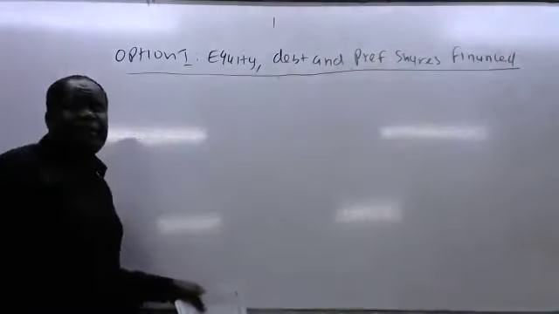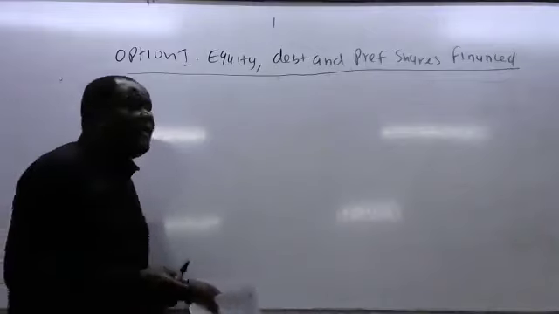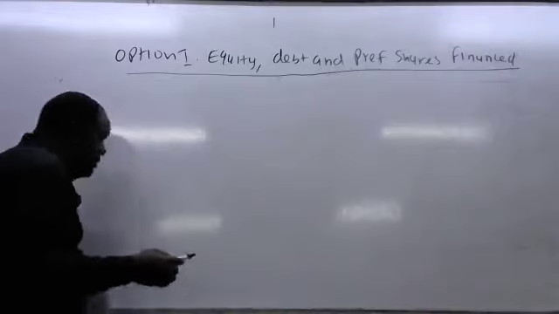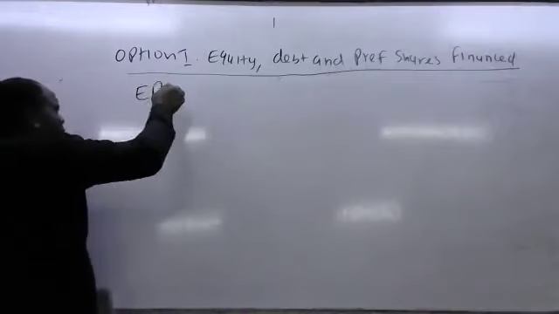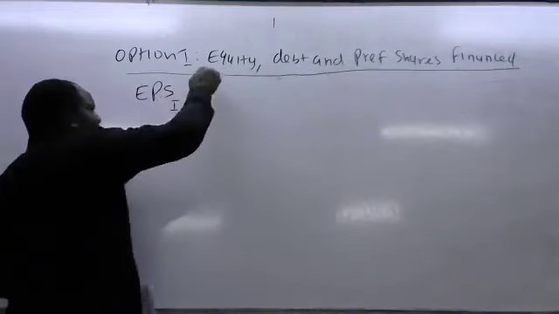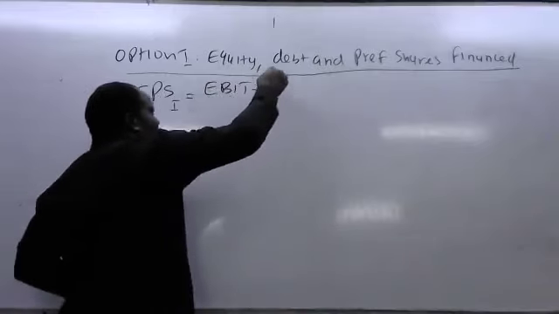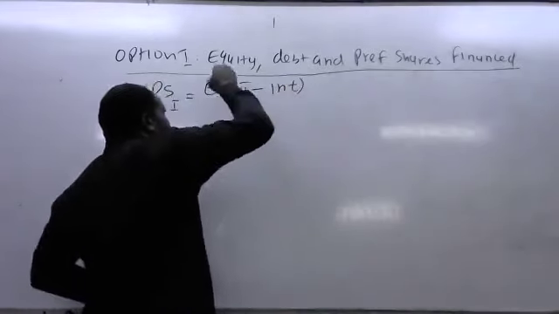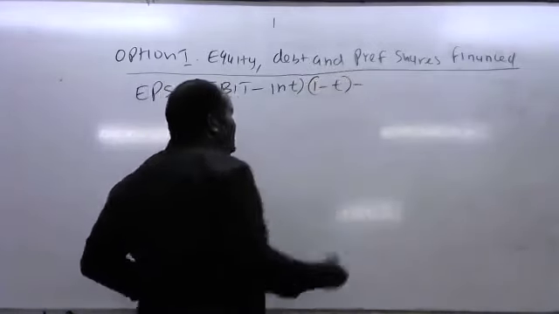The form is equity, debt, and preference shares finance, whereby earnings per share for option 1 will be the same as earnings before interest and tax, you subtract interest, then times 1 minus the corporate tax.